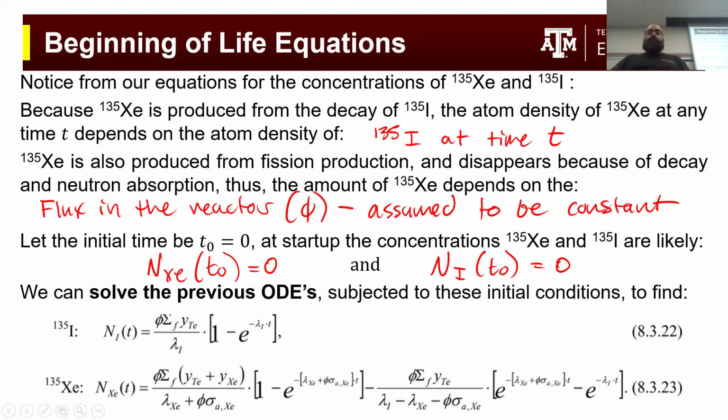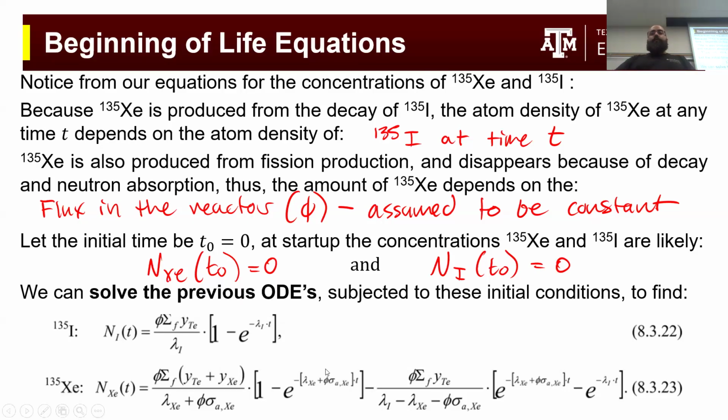And the xenon solution looks a lot more complicated because the amount of xenon depends on the amount of iodine. So I would first have to solve for this iodine equation, plug that iodine equation into my xenon equation, and then carry out the integrating factors with that more complicated expression for the iodine as a function of time.